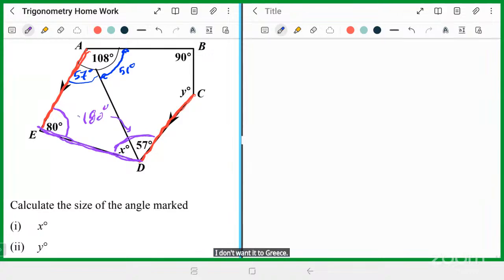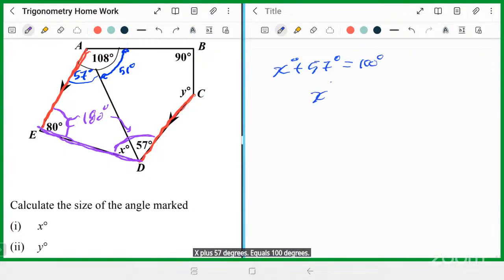Since this angle over here is already 80, it means that angle over here must be 100. So you can say x plus 57 degrees equals 100 degrees. So x degrees is 100 minus 57.